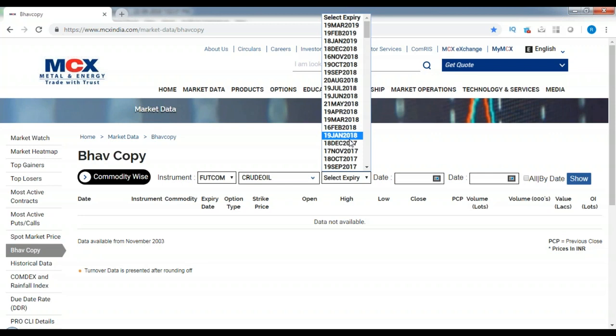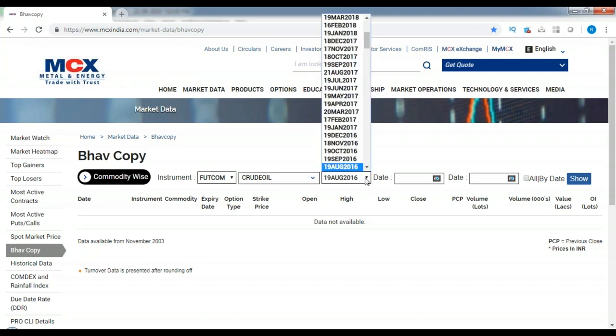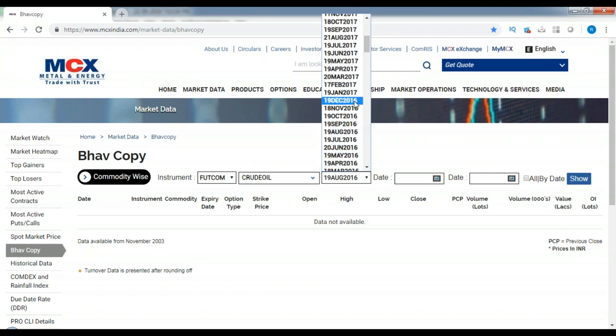Okay, and let's take the data when crude oil was falling rather than rising. So what I'm doing is, let me take, say, 19th of August 2016, or shall I take, let's take early 2017.